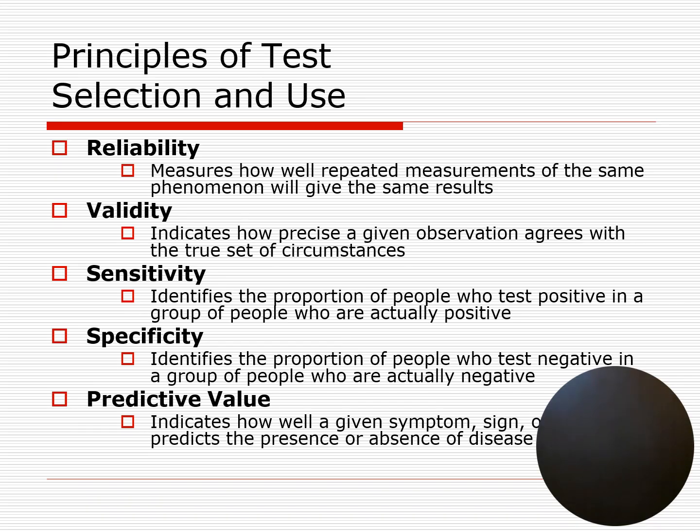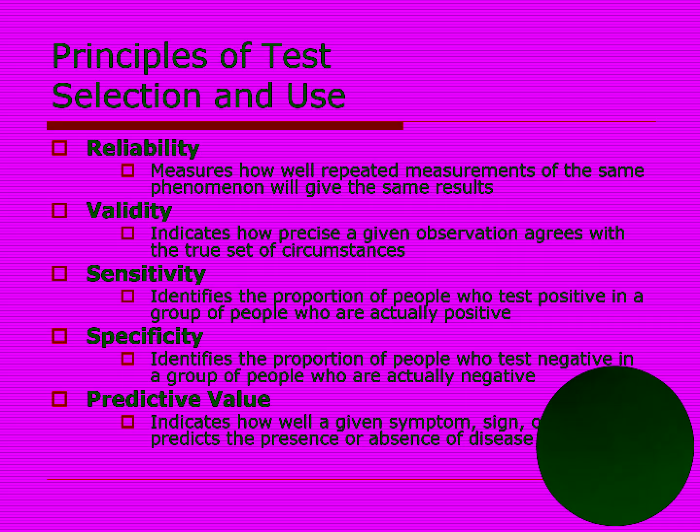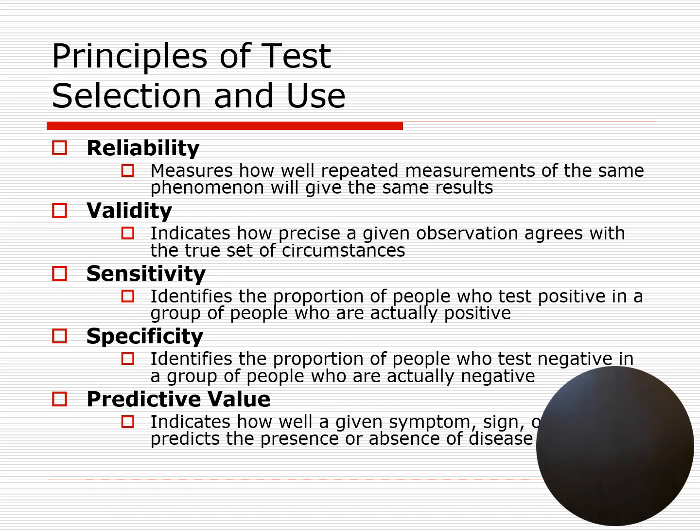Reliability is when we measure how well repeated measurements of the same phenomenon will give the same results. Is it going to be replicated over and over again if it's the same phenomenon, the same situation?